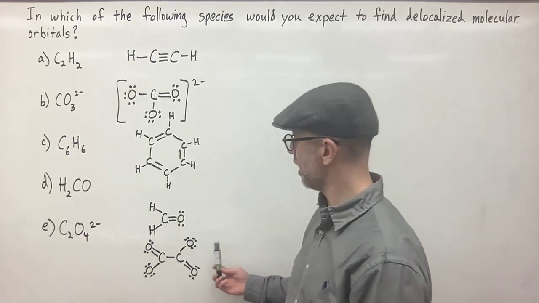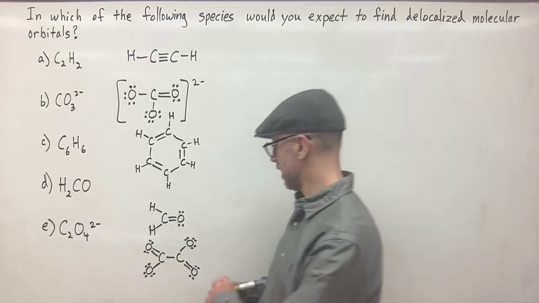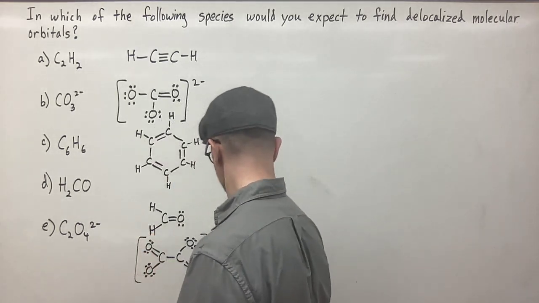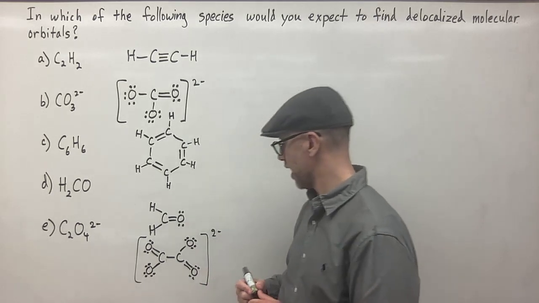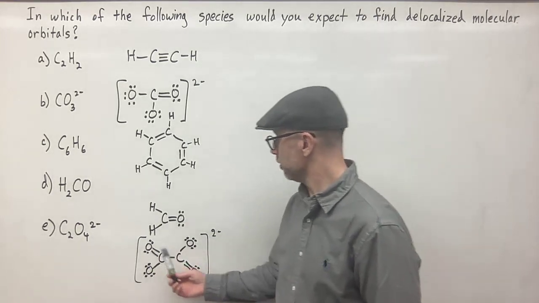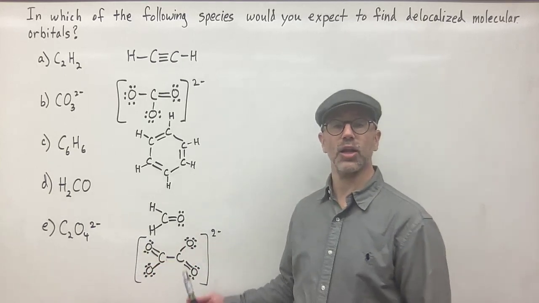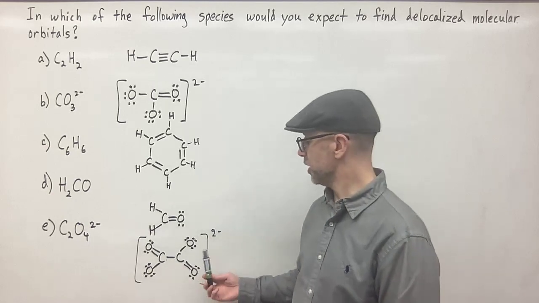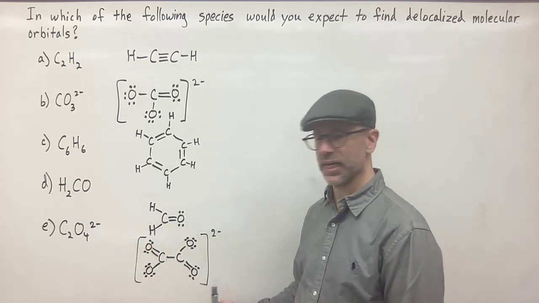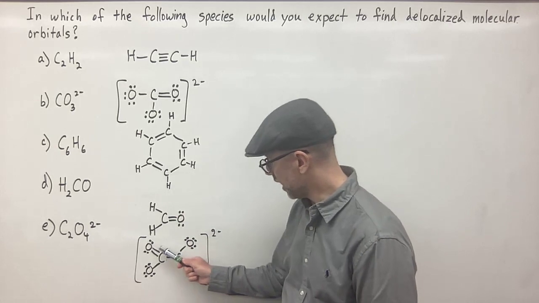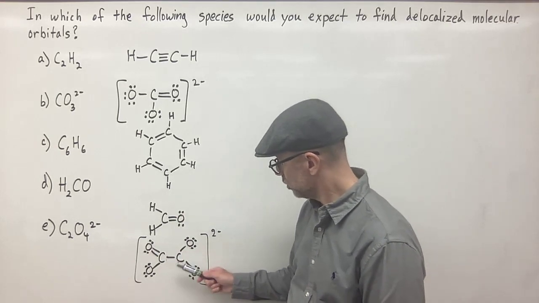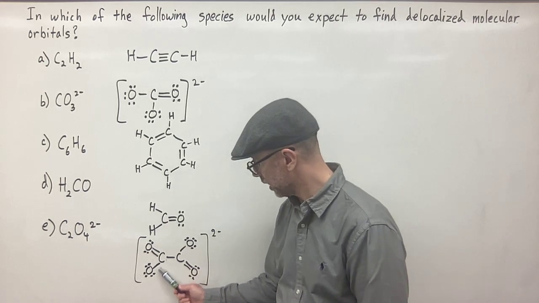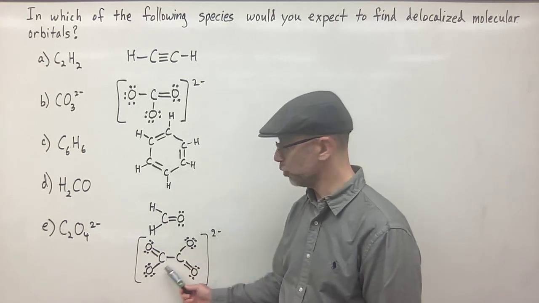And finally, we have the oxalate ion. Again, I forgot the square brackets with the charge on the outside. And so here, this one Lewis dot structure does not capture the structure itself because, again, you have resonance involved. So once again, I can have one of the lone pairs on this oxygen form a double bond here, but then this carbon would have 5 bonds.